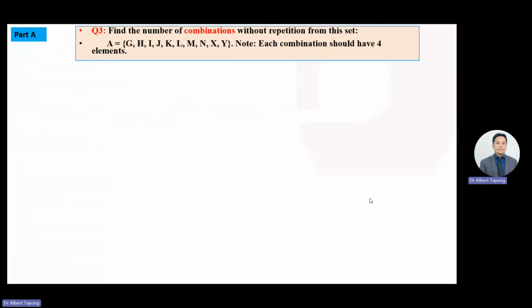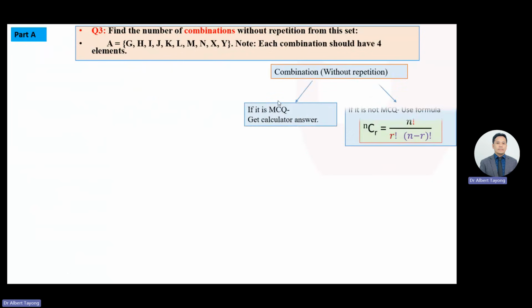Here we're going to find the number of combinations without repetition from this set. So we have G, H, I, J, K, L, M, N, X, Y. So 1, 2, 3, 4, 5, 6, 7, 8, 9, 10. So this is combination without repetition.